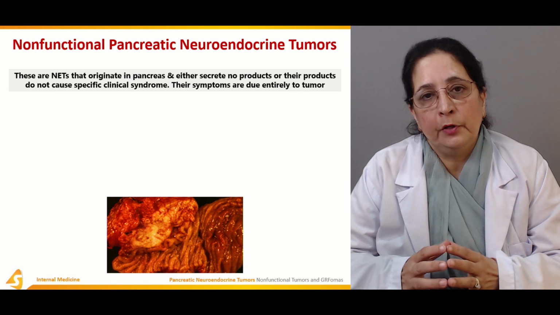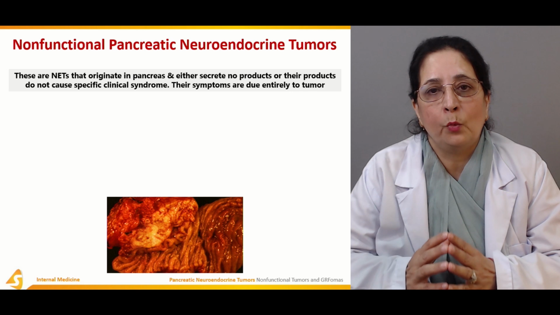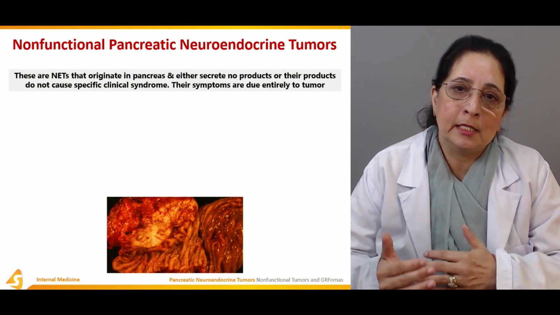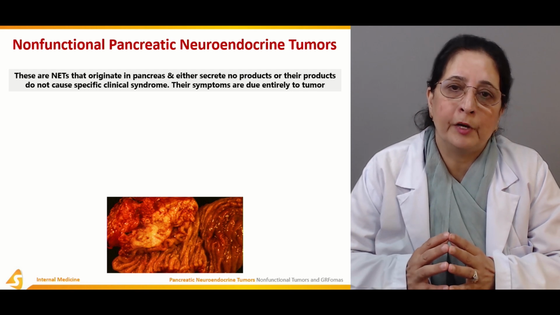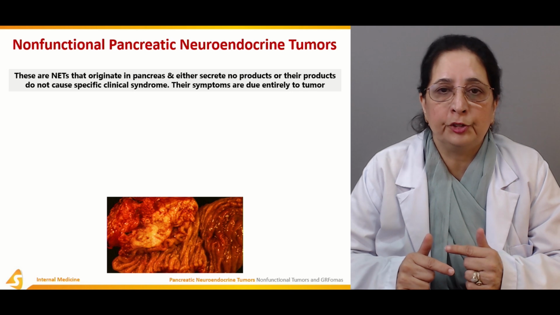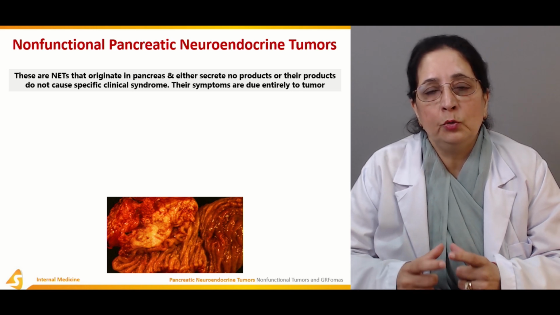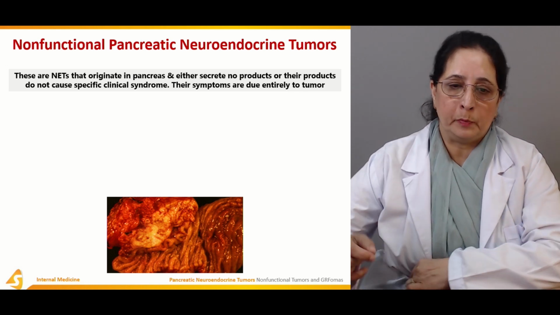The features produced by those types of neuroendocrine tumors were the effects mainly due to excess hormone production by those neuroendocrine tumors. But the non-functional, their symptoms are mainly due to the tumor itself, not the hormones produced by the tumor.